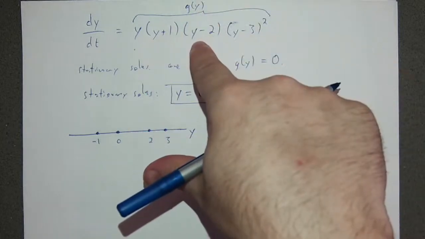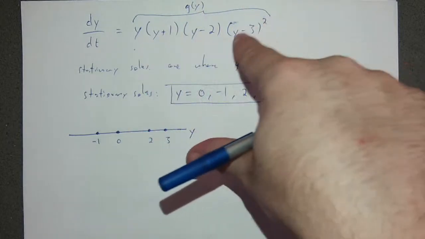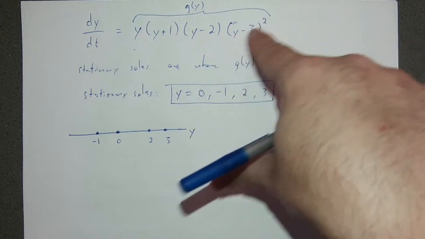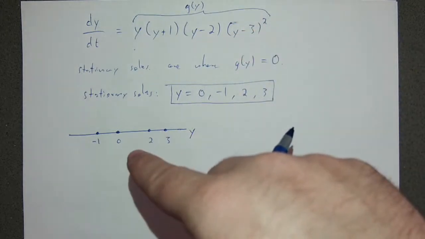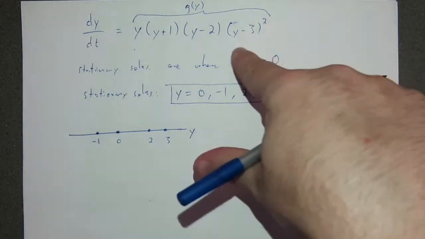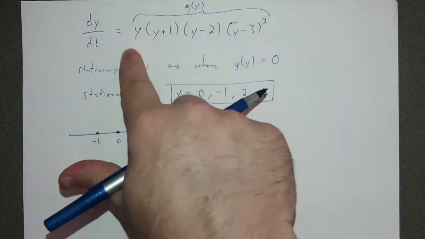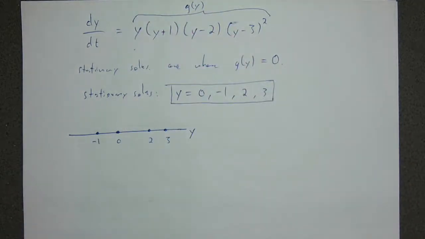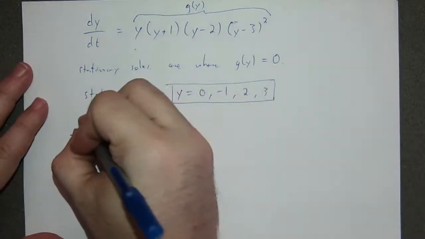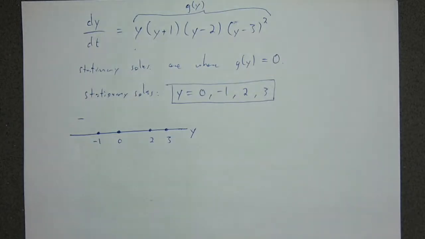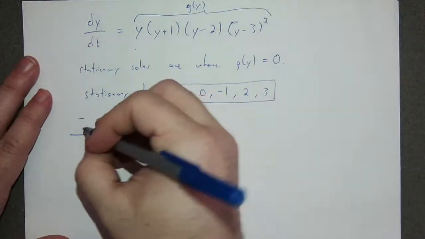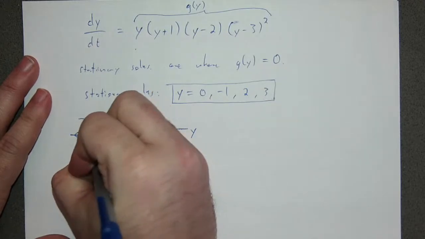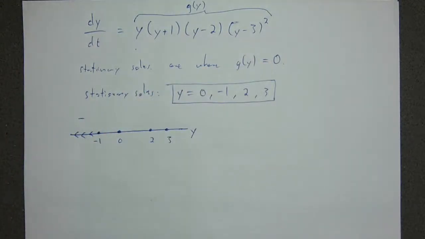The y minus 2 term is negative. The y minus 3 squared term is positive because you're squaring it, so that thing is always positive. In fact, for sign concerns, this thing is always positive. So I would have a minus times a minus times a minus times a positive. So the resulting sign is negative. And so I'd put a minus here, and I would draw arrows moving to the left. We'll talk about what the arrows are implying here in a second.